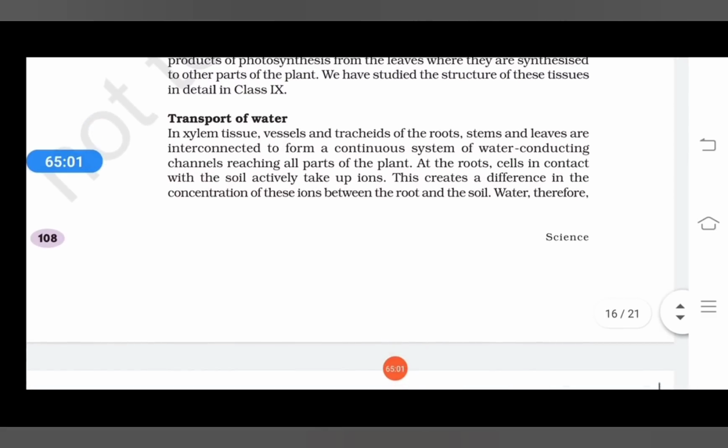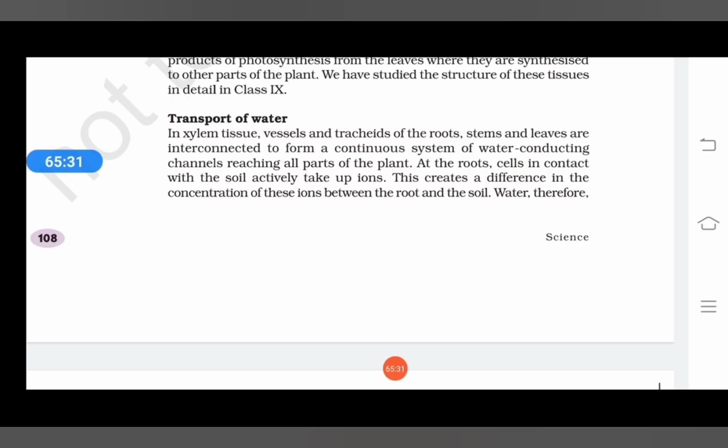Then how does the transport of water take place? In xylem tissues, vessels and tracheids of the roots, stems and leaves are interconnected to form a continuous system of water conducting channels reaching all parts of the plant. At the root, cells in contact with soil actively take up ions.